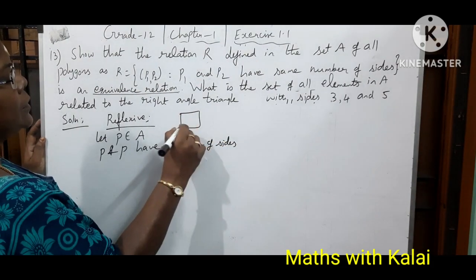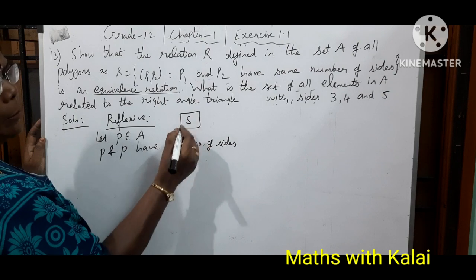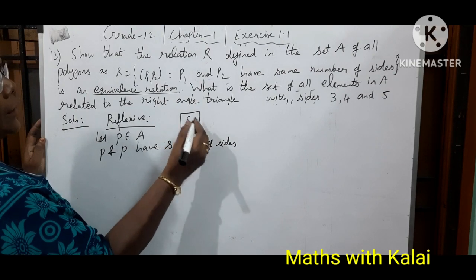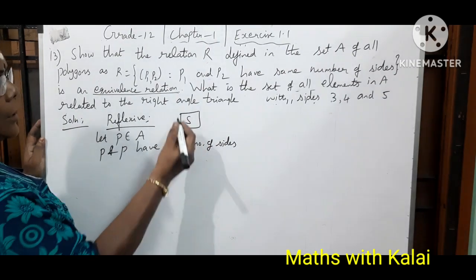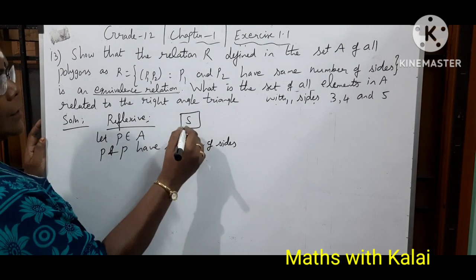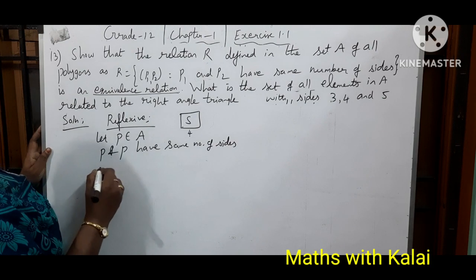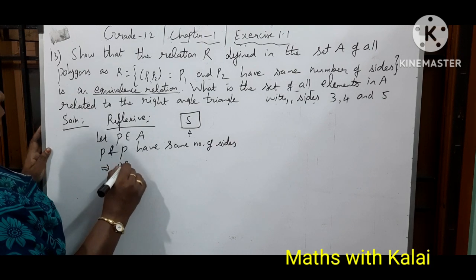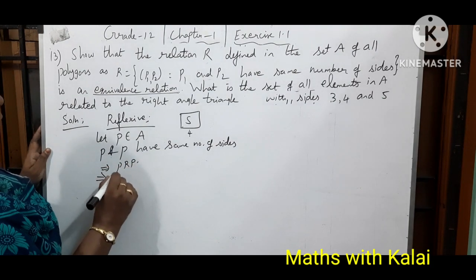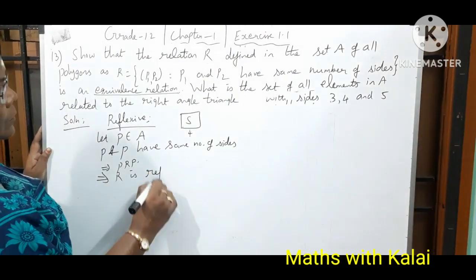If I consider a square, whether S and S have the same number of sides? Yes, S has 4 sides. If you take S again, it also has 4 sides. So P and P have the same number of sides, which implies P is related to P. That is, R is reflexive.